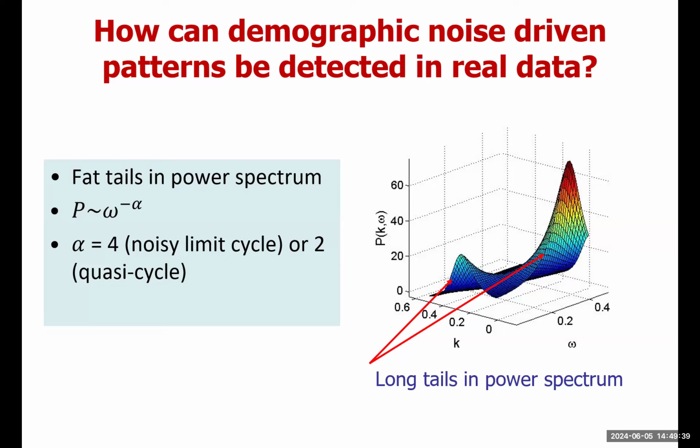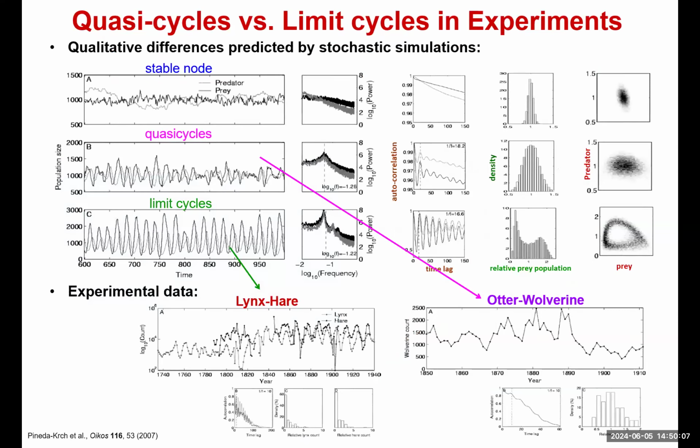So what you can show is that if I look at the power spectrum of the system, this system is spatially uniform, so it's fluctuating in time, and the power spectrum goes like frequency to the minus alpha, and alpha is equal to 4 if you have a deterministic limit cycle with noise, and it's 2 if it is this demographic stochasticity.